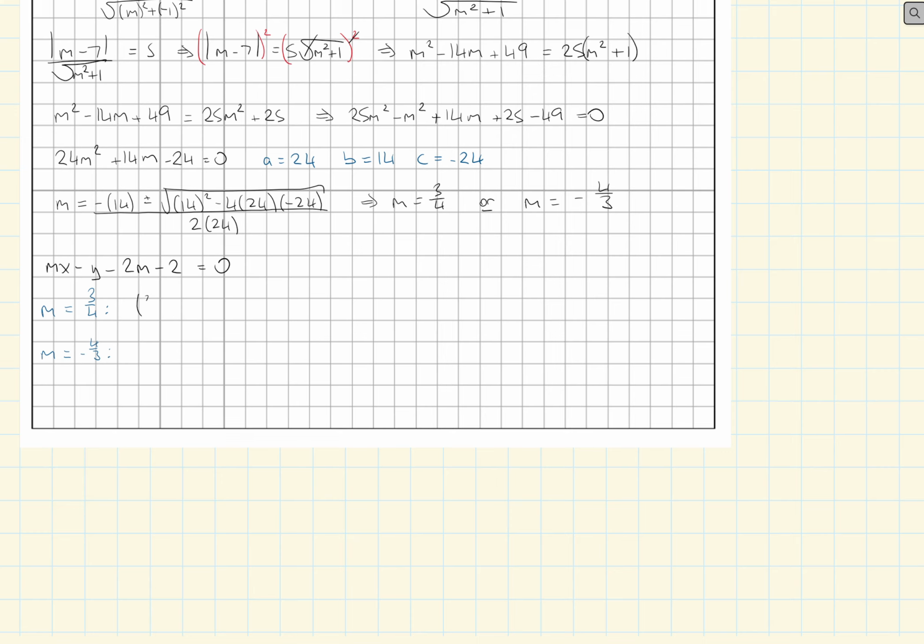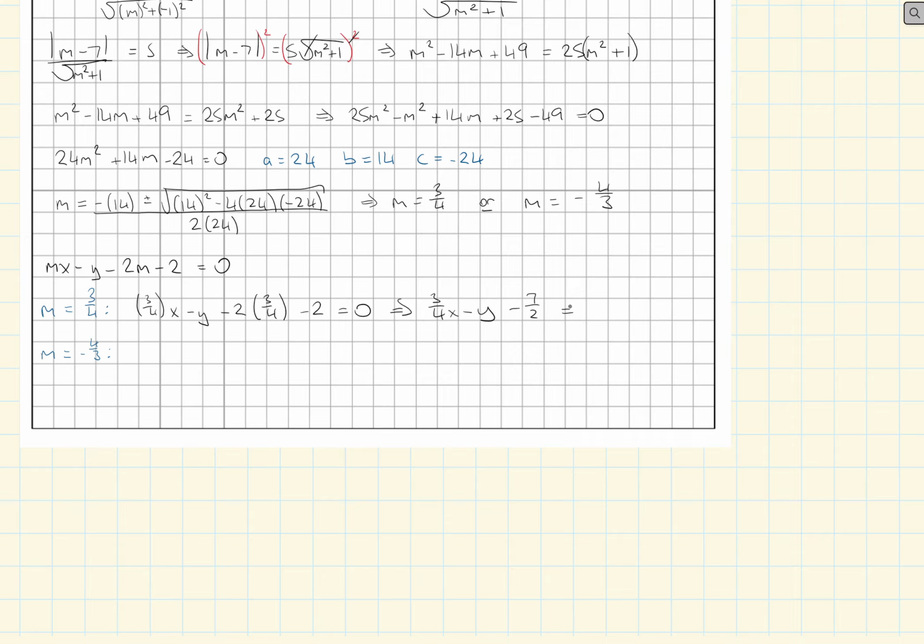So we get 3 over 4 x minus y minus 2 times 3 over 4 minus 2 equals 0, which changes up to 3 over 4 x minus y. The rest just into your calculator.